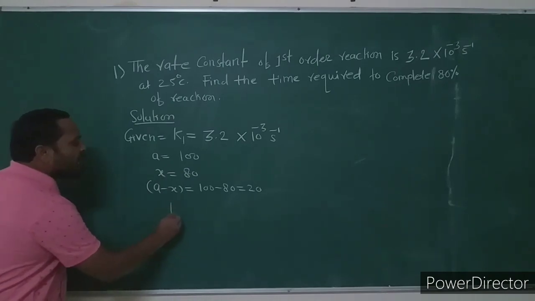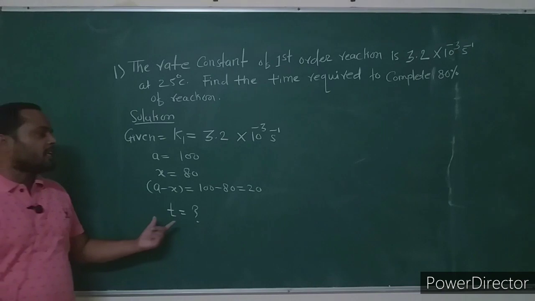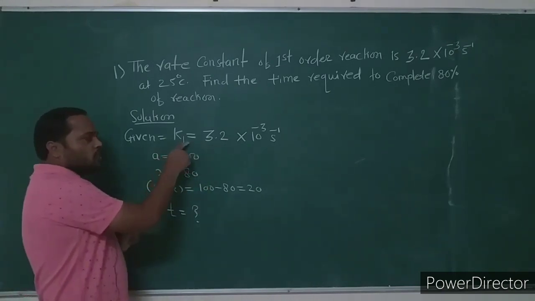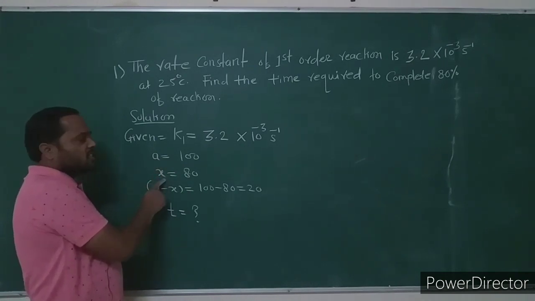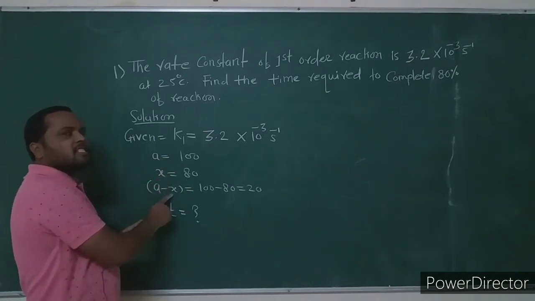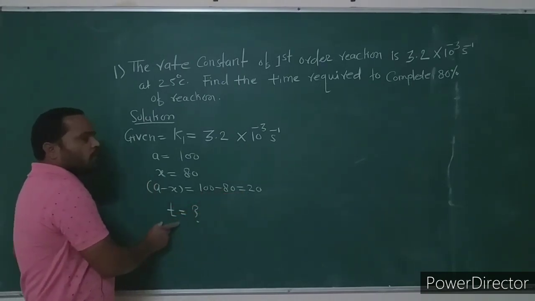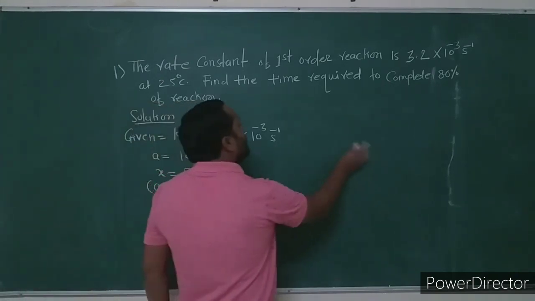Then determine the time T. How much time is required to complete the 80% reaction? K1 is known, initial concentration is 100, and A minus X is the unreacted concentration, which is 20.